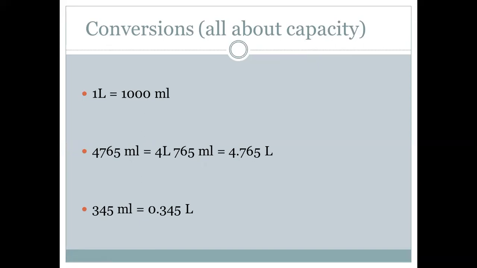I measure soup, for example, juice, lots of liquid things. And again, same idea, like I explained before, and I am sure that you all understand it from before. 1 liter equals 1,000 milliliters, and same. I want you to have a look and read. Let's revise this together.